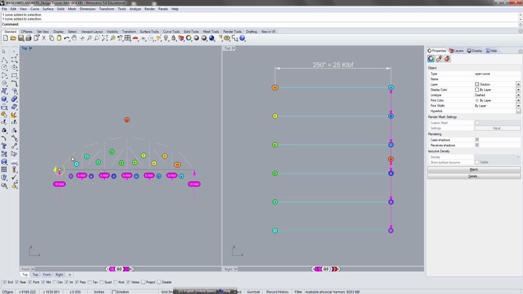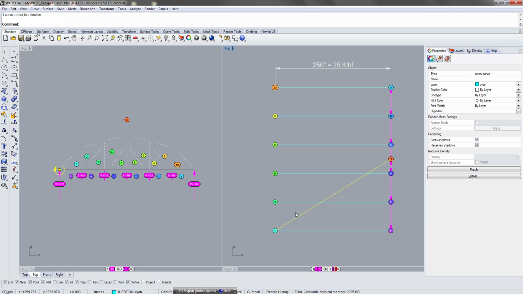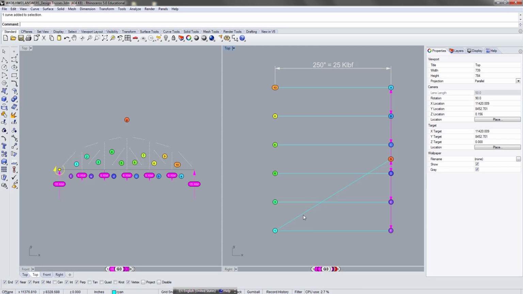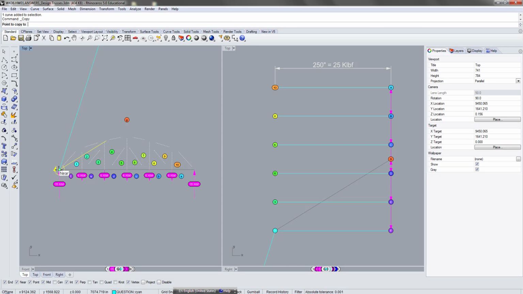Next one is this unknown diagonal line, which is going to be called G1. We already have point G and point 1 fixed from the previous round, so that is going to give the angle of that top diagonal chord between G and 1.